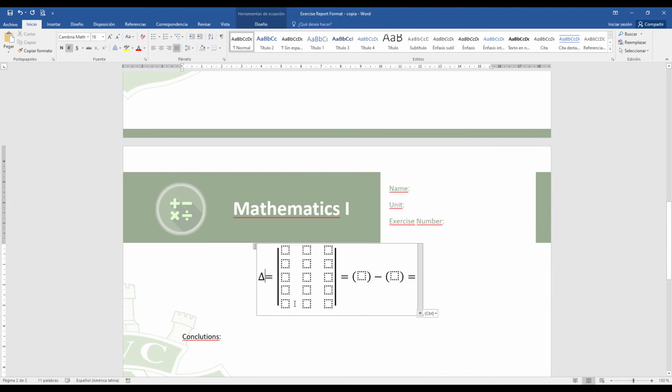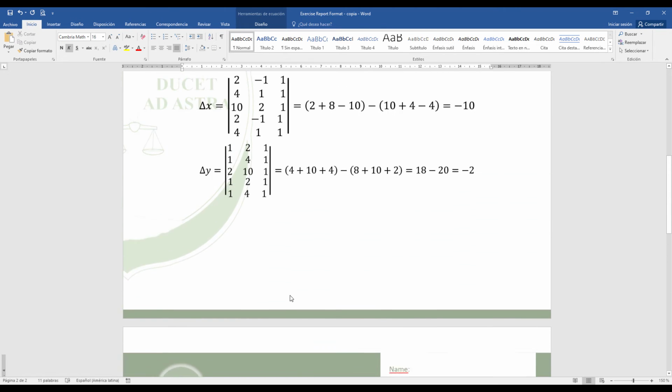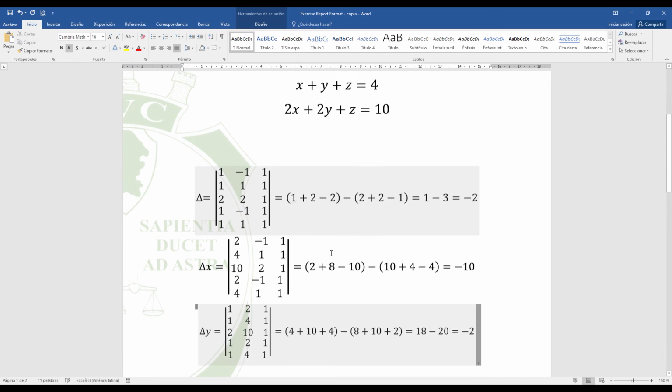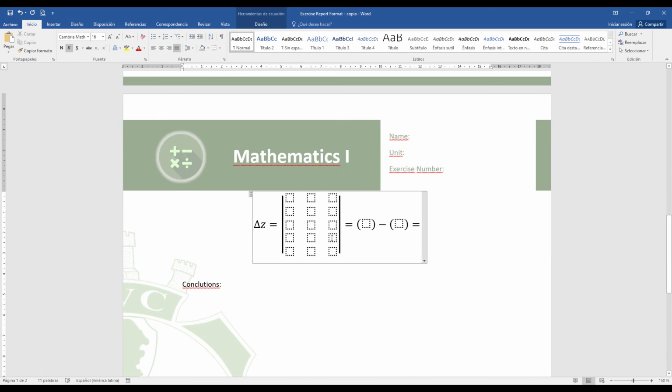And delta z: again, you use the values of the other side of the equation, now for the last column.